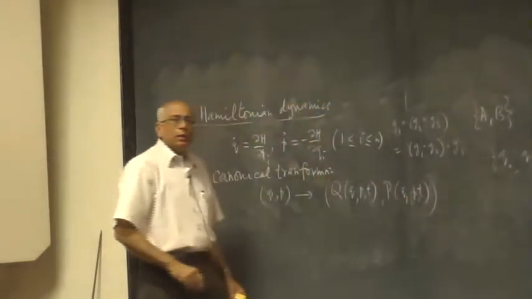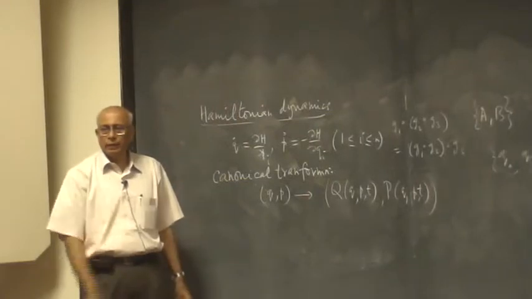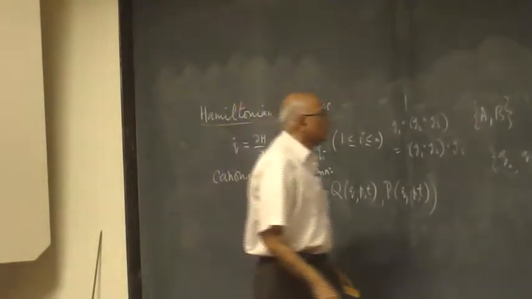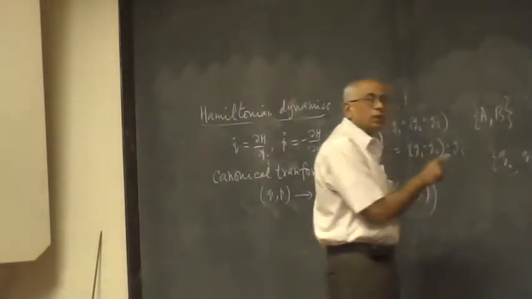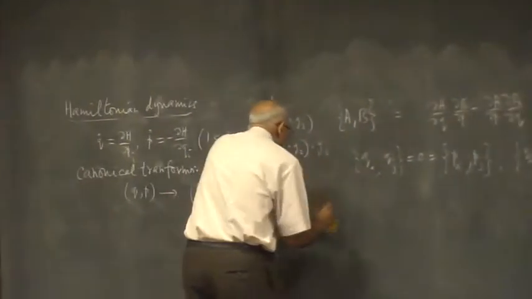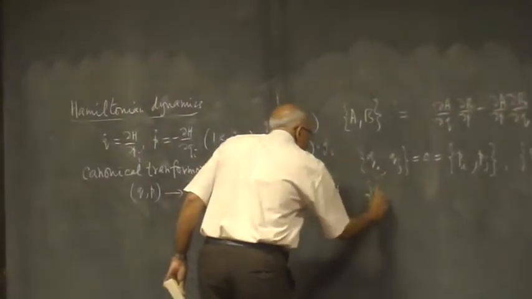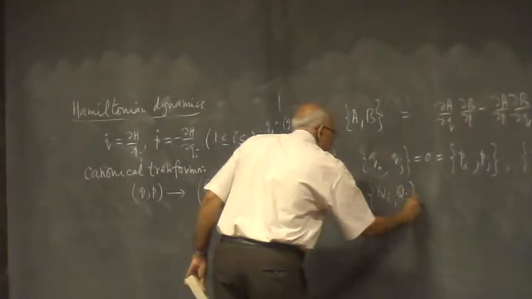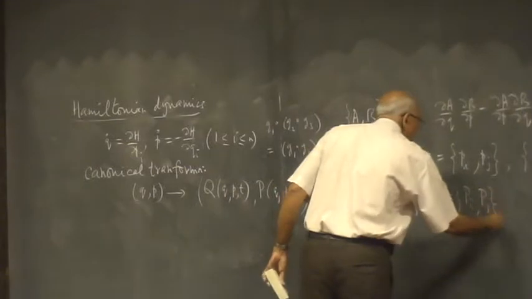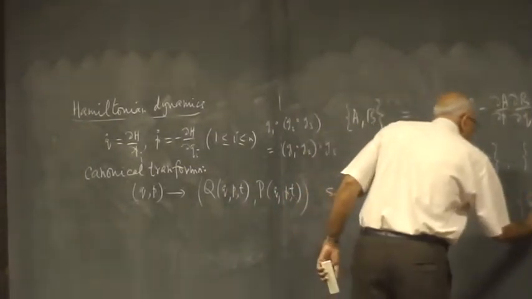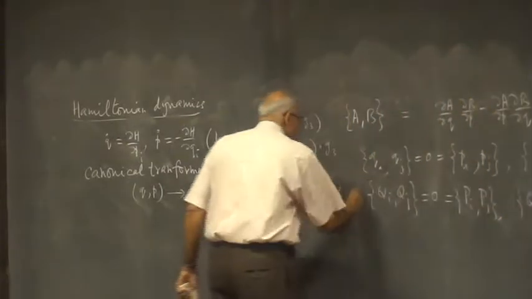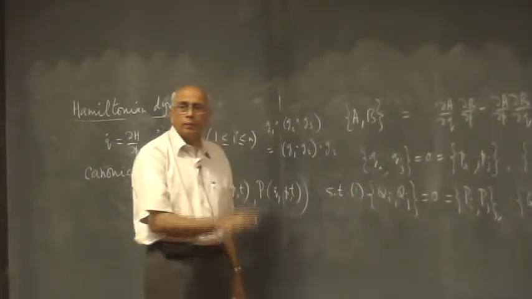A smooth change of variables, such that two conditions are satisfied. And those conditions are that the Poisson bracket relations be maintained, in other words, such that [Q_i, Q_j] = 0 = [P_i, P_j], and [Q_i, P_j] = delta_ij, such that this is maintained.